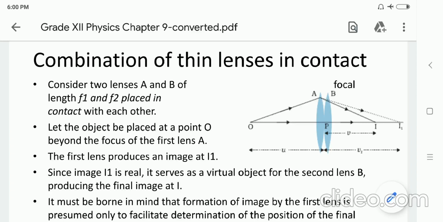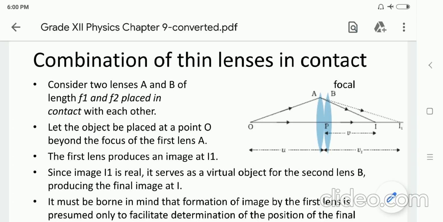So the image generated by lens A is given by the lens formula 1 by V1 minus 1 by U equal to 1 upon F1.